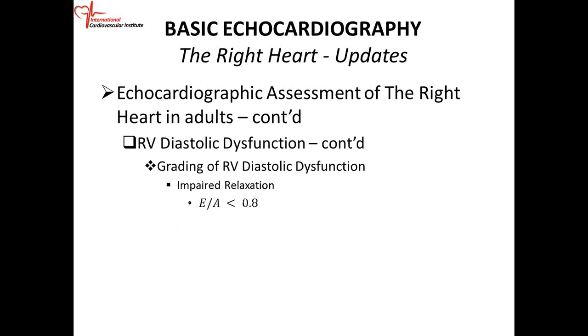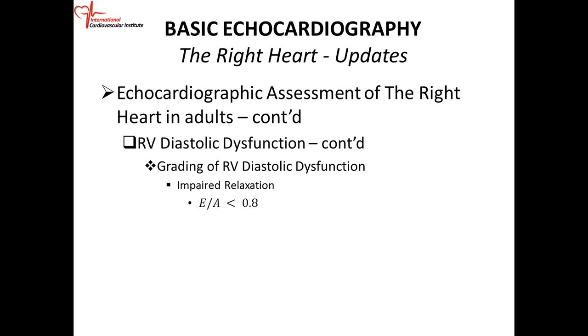All right. So the diastolic dysfunction for the RV is relatively simple. It is not as complicated as the LV. So we talk about impaired relaxation of the right ventricle. So just like the left ventricle, the right ventricle is going to relax and fill with blood.